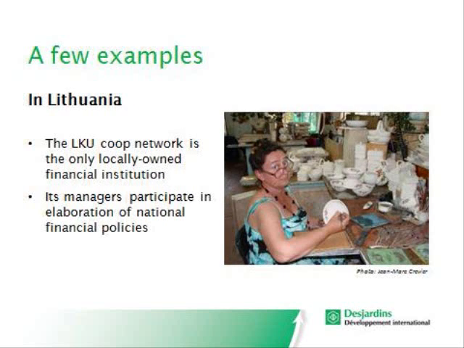In Lithuania, the network of Lithuanian financial cooperatives is the only locally owned financial institution, since all banks operating there are owned by foreign interests. It therefore provides key leverage for the country's socioeconomic development. Despite its short history, this institution already had an excellent reputation, and the opinions of its managers are regularly sought on various questions related to development of the country's financial sector.